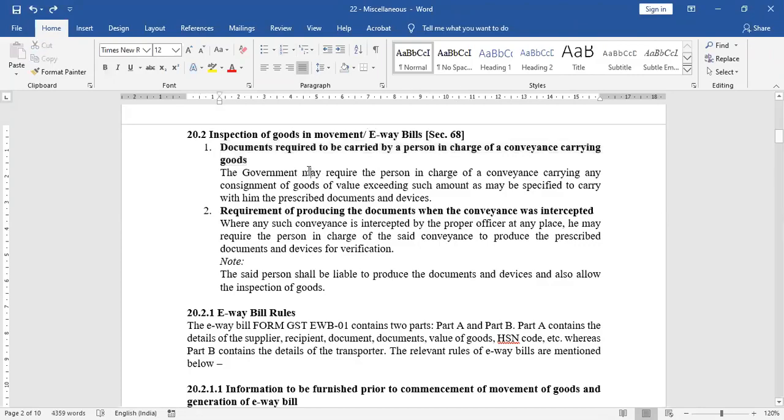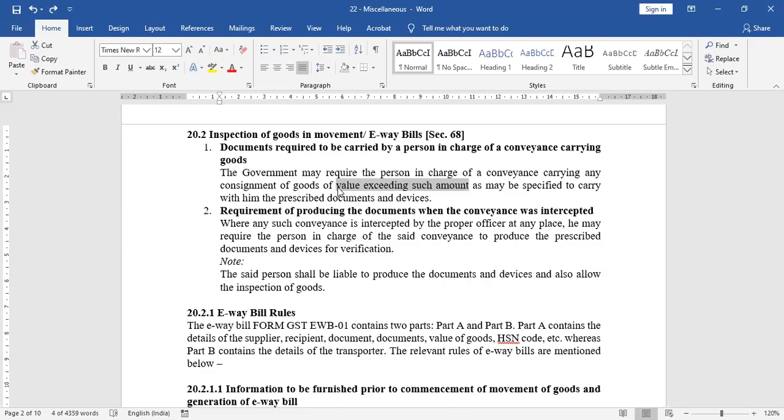So the Act requires the person in charge of a conveyance carrying any consignment of goods of value exceeding some amount to carry a bill. Government will tell you that amount. If you are not carrying the bill, that means there is some problem. Why are you moving the goods from one place to another?